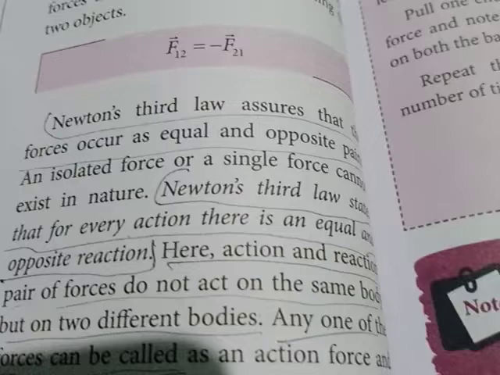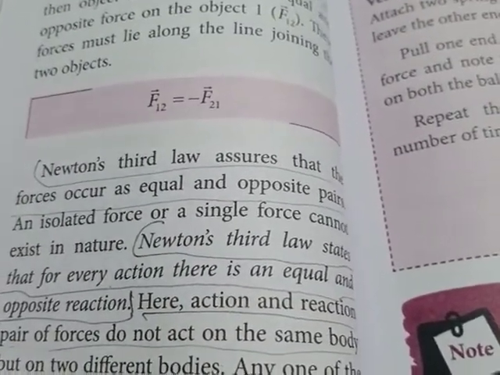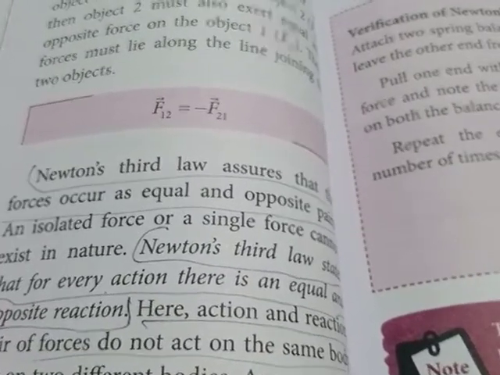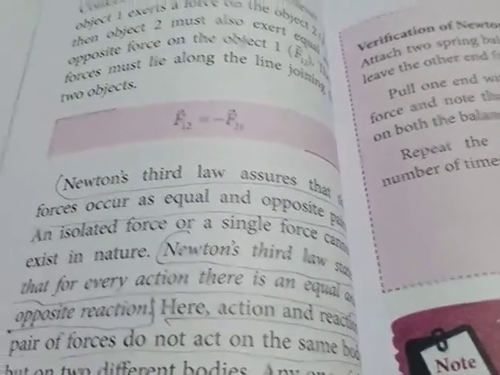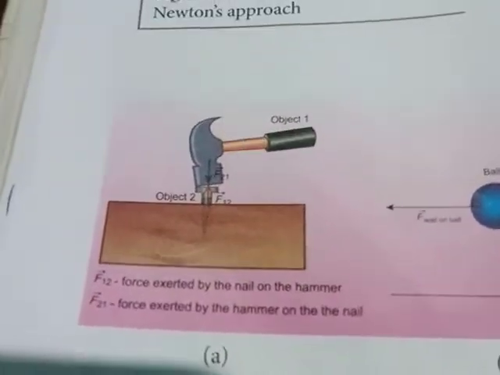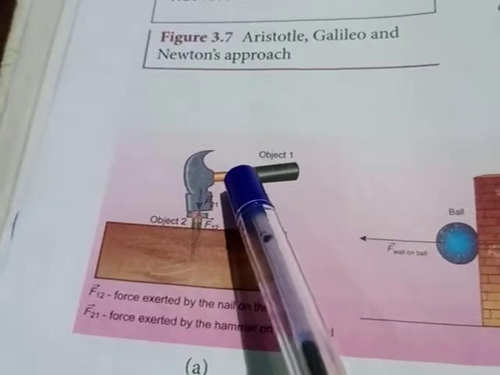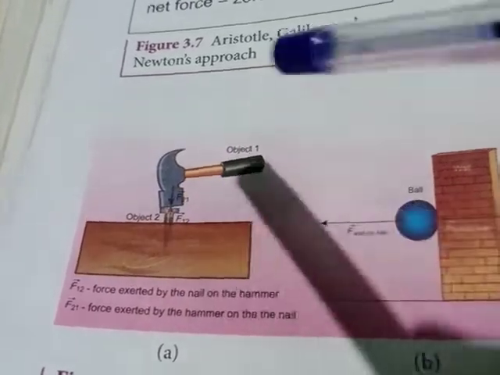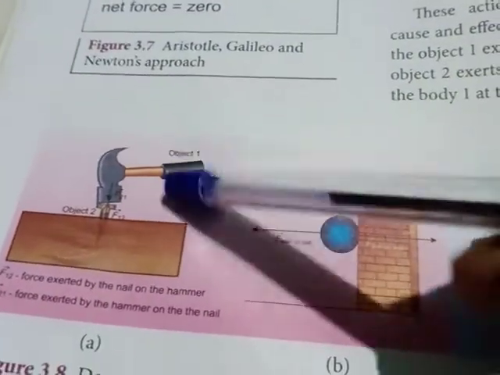If you are talking about action and reaction, we know that if you throw a ball at the wall, it comes back with the same speed. So for the action there is a reaction. And when striking a nail on wood with a hammer, however hard we hit the nail, we feel a backward force on our hand also.